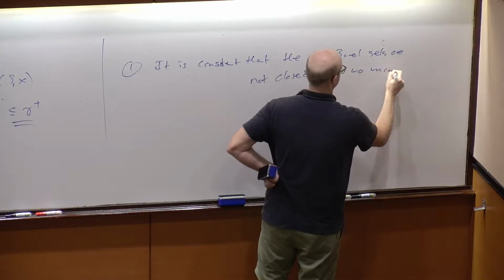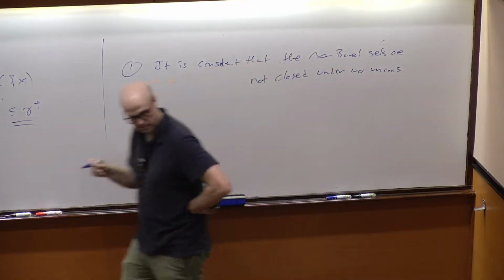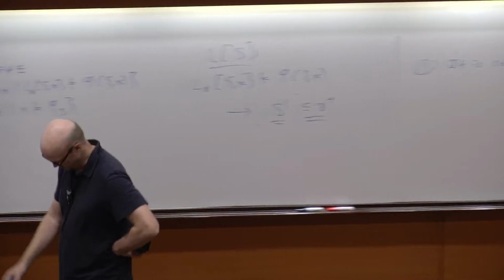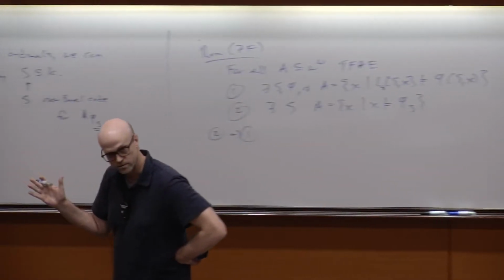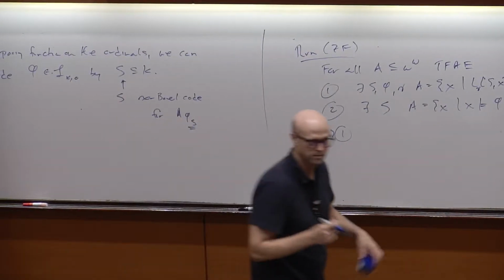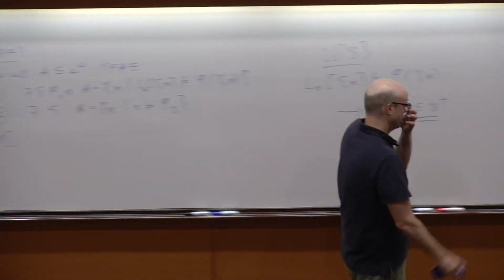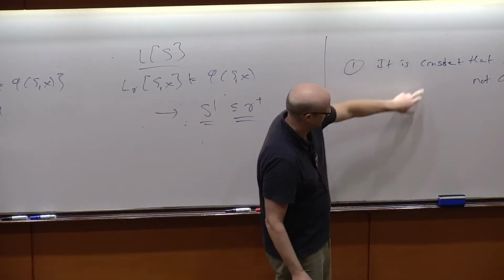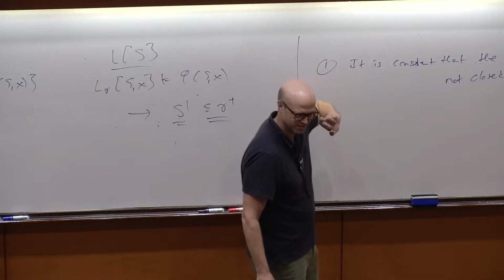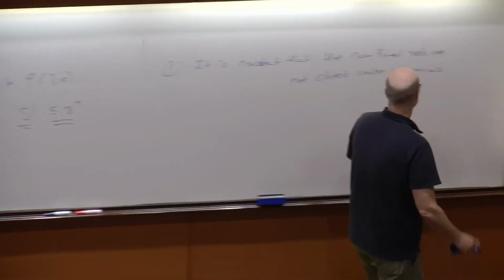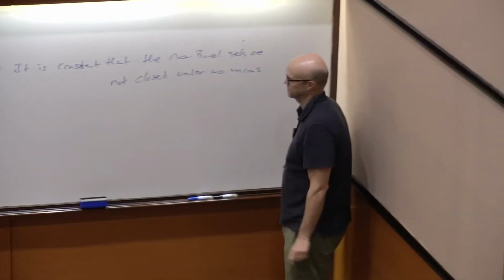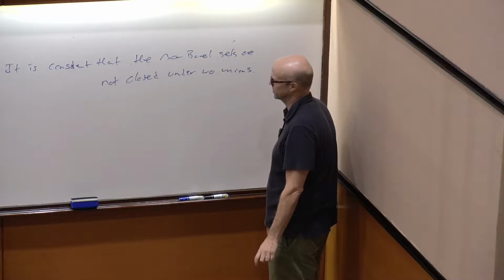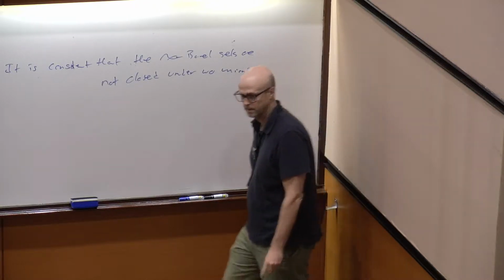Because you have to be able to pick the codes. If someone gives you a sequence of infinity Borel sets and you want to pick a code for the union, you have to be able to pick codes for the individual things, and you can't always do that. So there are models. Of course, we're aiming for models where every set is infinity Borel, so that's not really an issue in those models, but there are models in which you can have a union of infinity Borel sets that's not infinity Borel.